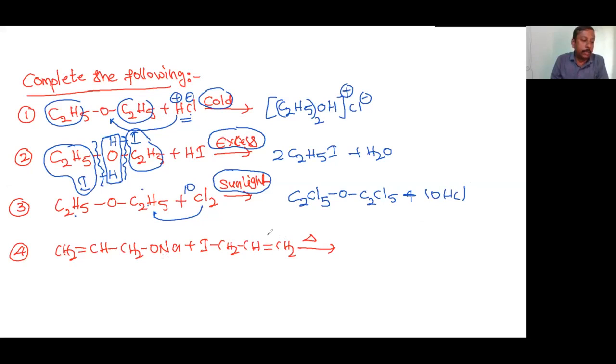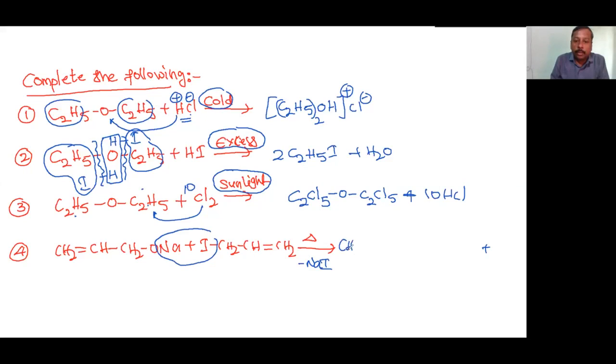Now this is again Williamson synthesis. Just like what? Williamson synthesis. So in this reaction, what happens? Williamson synthesis uses NaI. Minus NaI you can write here, or as an additional product you can write it here also, but write only at one place.